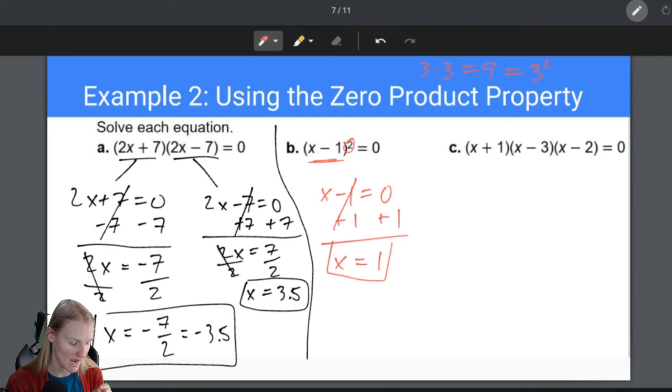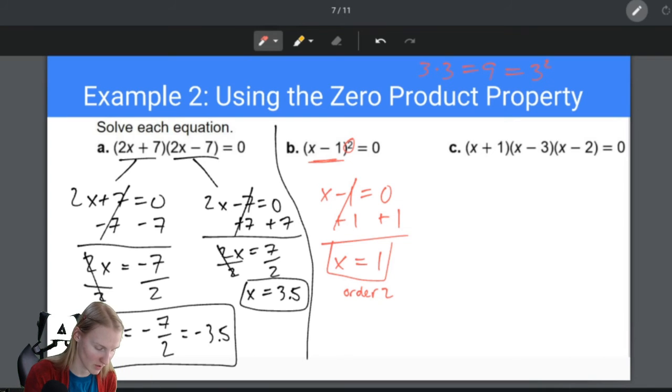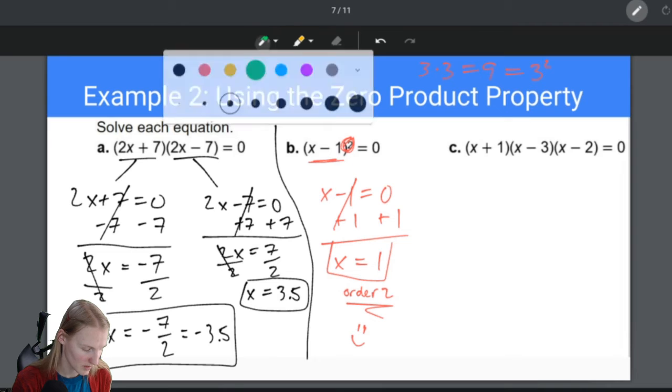So we say that x equals 1, and this root has order 2, because there's 2 of them. Just like we said here, there's 2 of the same factor. So, yes, x equals 1, and you just want to make sure to say order 2 down there at the bottom.